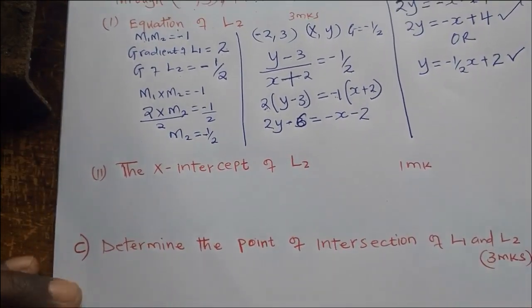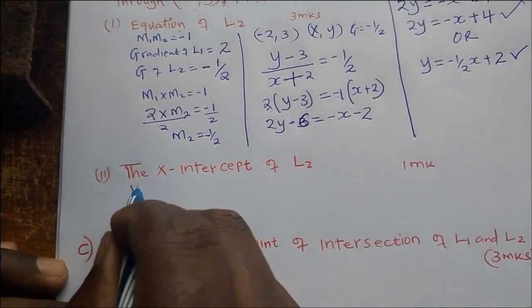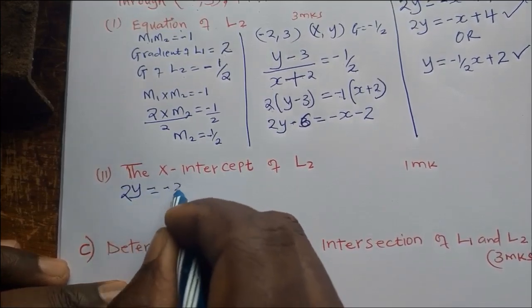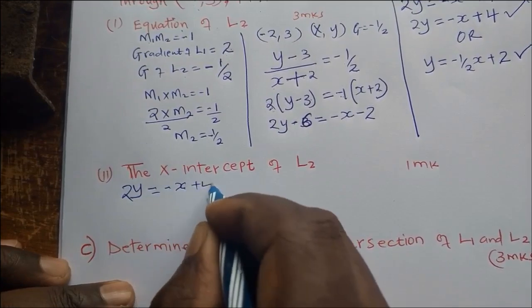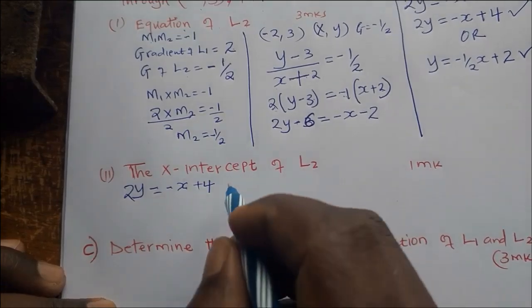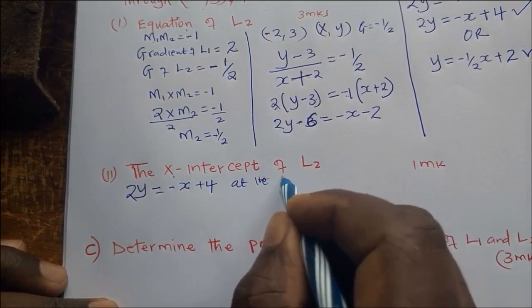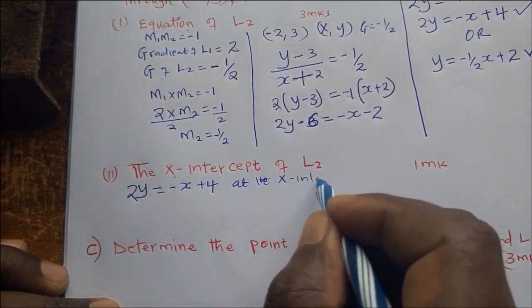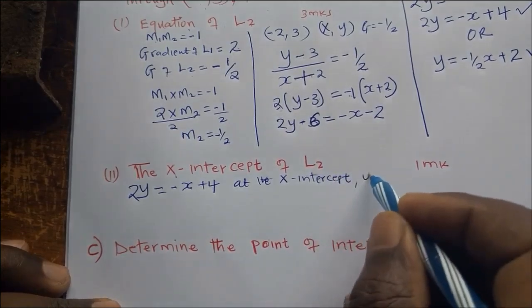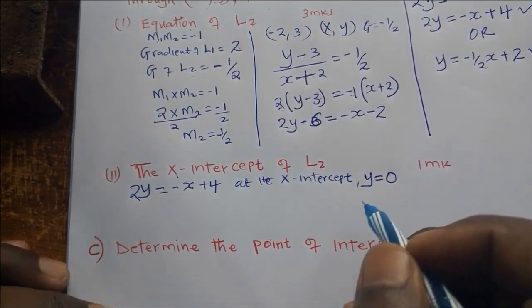Find the x-intercept of line 2. Now we have the equation of line 2, which is 2y equal to negative x plus 4. But you need to remember that at the x-intercept, y is equal to 0.